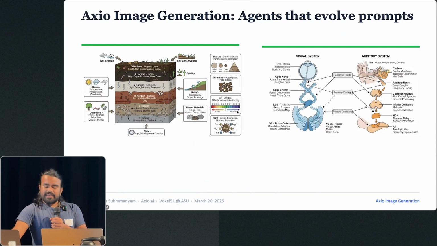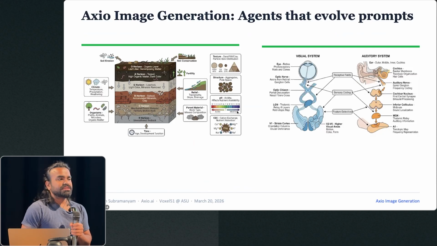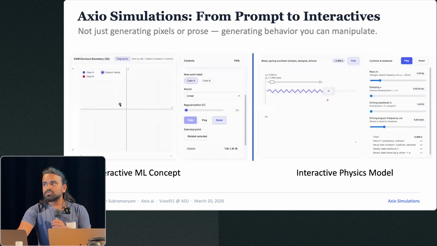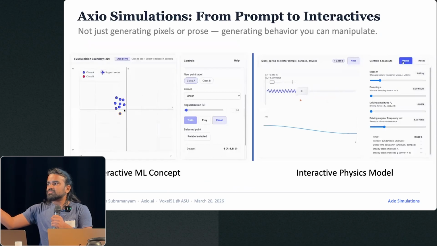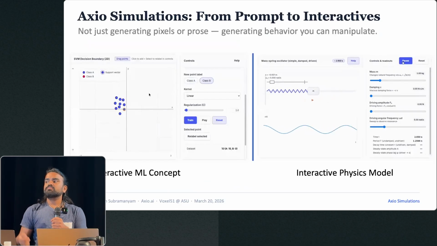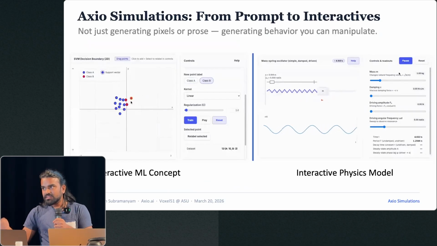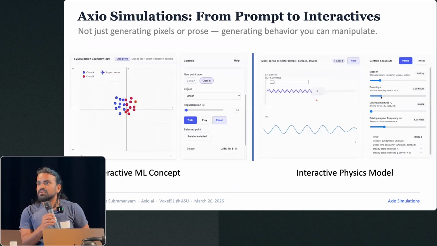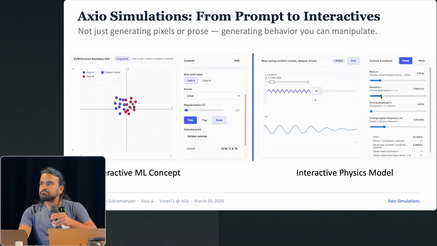But we then asked, is this only limited to generating images? We pushed the fold, and we started seeing that with the same process, we can generate an entire suite of visualizations, code, and everything, where with an input prompt, by iteratively refining it and generating, we can generate these kinds of visualization concepts where users can go in and interact.